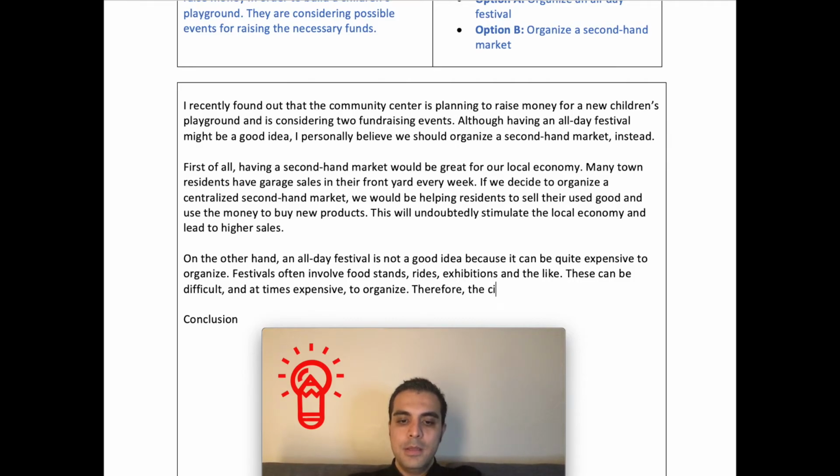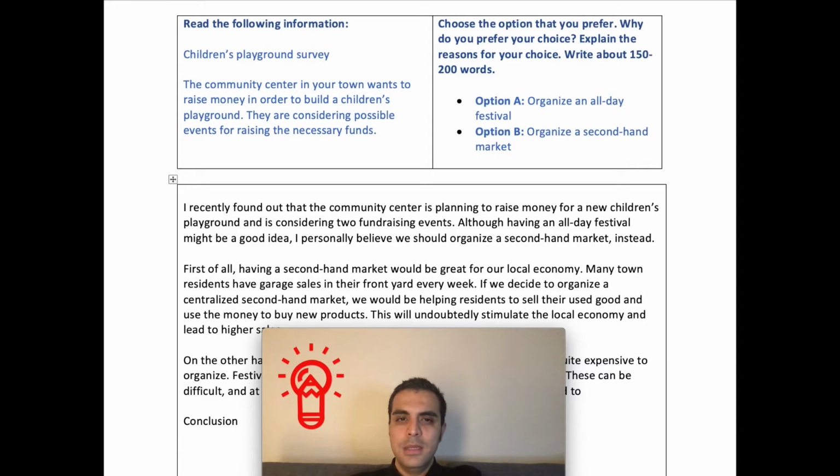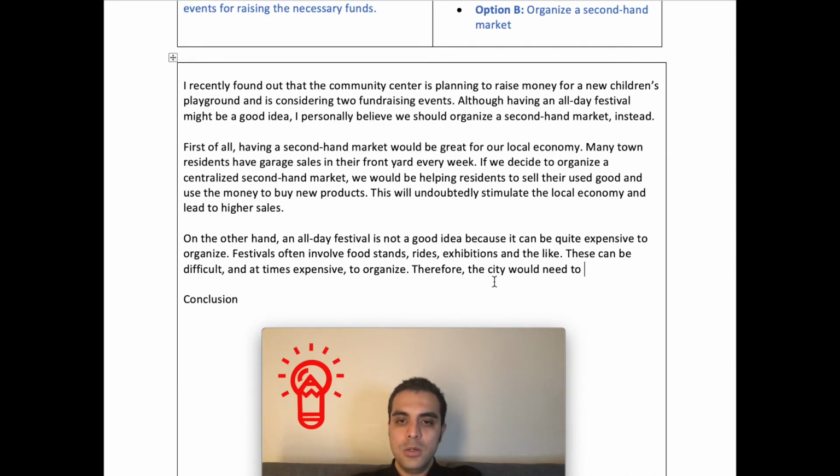Therefore, the city would need to, and so when we say the city, we mean the town council, was it, right? In the question, it says the community center on the town. So let's go with the community center organizers. So the community center organizers would need to prepare in advance and ensure that all necessary funds for this event are available, right?